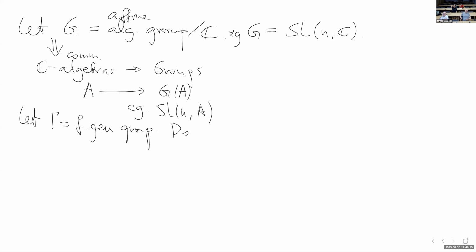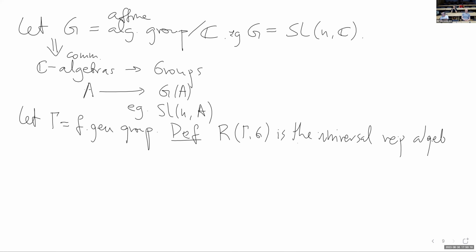Definition. R of gamma, G is the universal representation algebra, with rho sub u, for universal, being the universal representation.